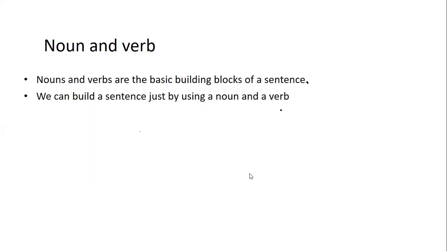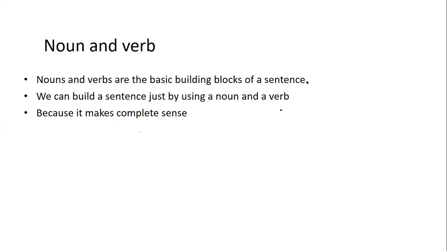So they are the basic building blocks. We can build a sentence just by using a noun and a verb, and that's what we have been doing since long. All the examples that I gave you, Cinderella, John swims, these are all sentences which were made just by using nouns and verbs.